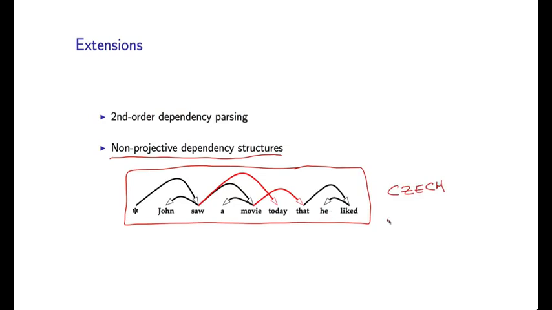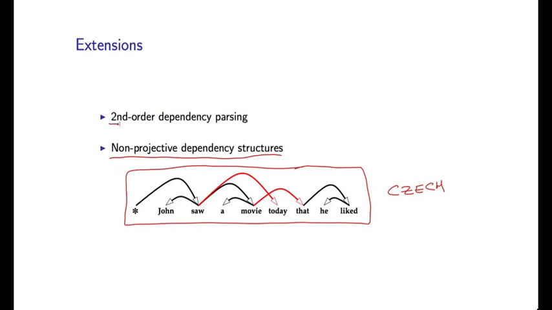And that leads to a whole new research topic, which is how do we find the highest scoring non-projective structure. It turns out that dynamic programming can be employed in some cases, but there are also other interesting algorithms based on spanning tree algorithms, for example.